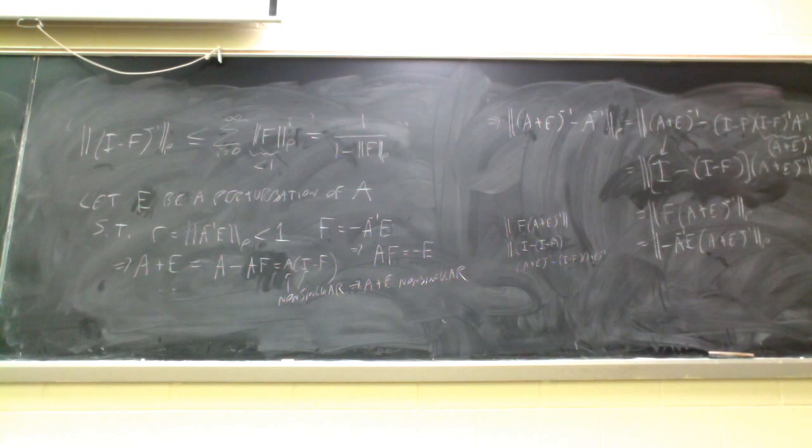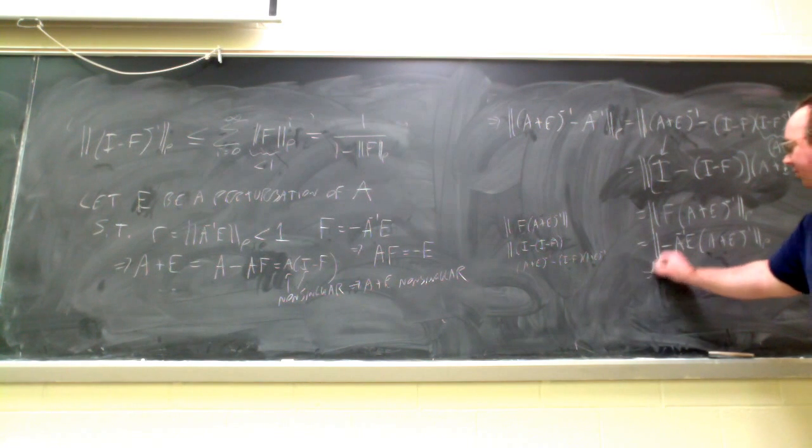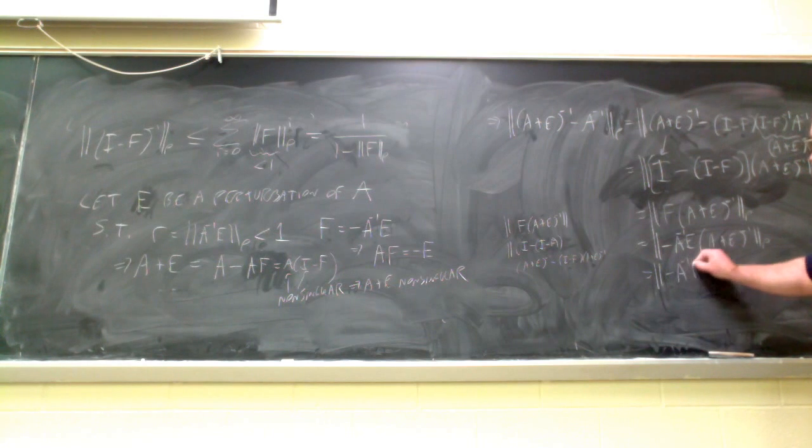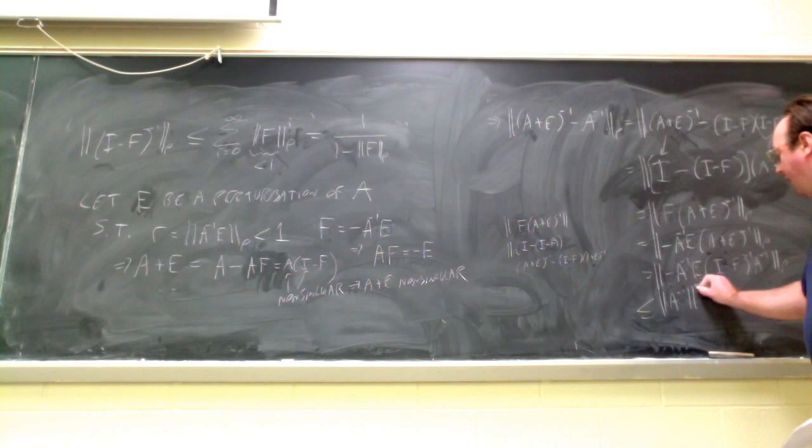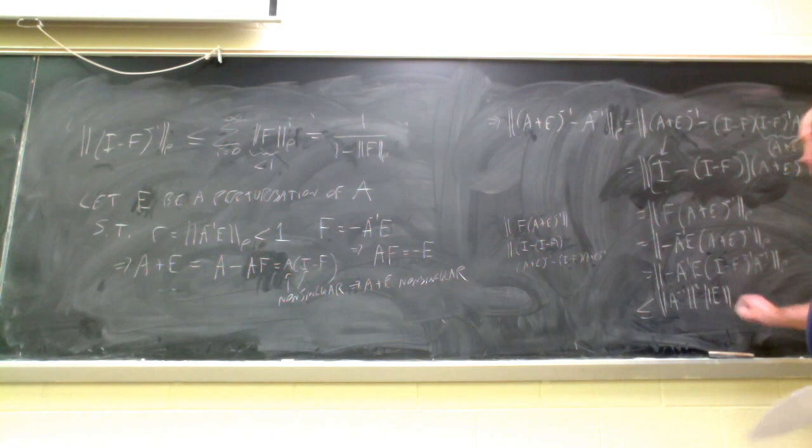And then I can put A plus E inverse as how I meant to write it the first time. That's the same as I minus F inverse A inverse. And now we have two A inverses going here. So now what I could do is, norm of a product is less than or equal to a product of the norms. So this is less than or equal to norm of A inverse squared, norm of E, and then we have the norm of I minus F inverse.